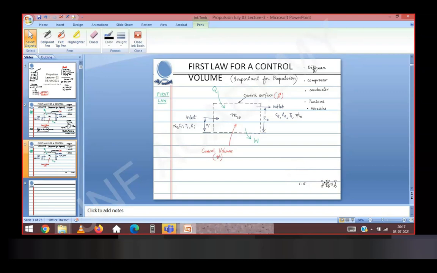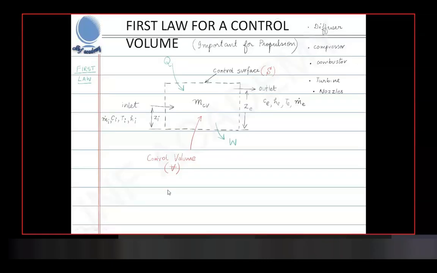Again, I'll start with numbers. Yeah. So let's imagine this is our control volume. What is the total energy entering the control volume? Say the energy entering is, let's say, 10 joule every second.